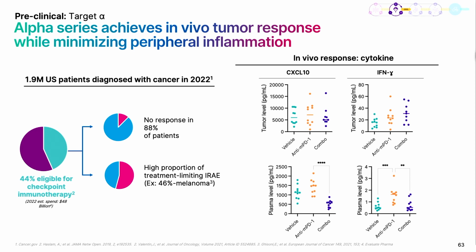So now we potentially have a compound which is showing efficacy in our animal model in combination, and when we give our drug, we're reducing this peripheral systemic inflammation that's potentially limiting the ability of patients to respond to immune checkpoint therapy.